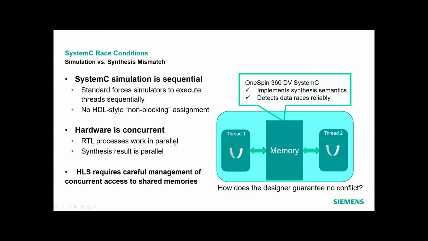RTL processes work in parallel, and our tools support parallel process execution. That's why we can detect races that are happening at the same time in different processes.